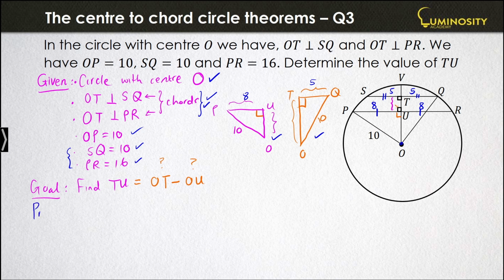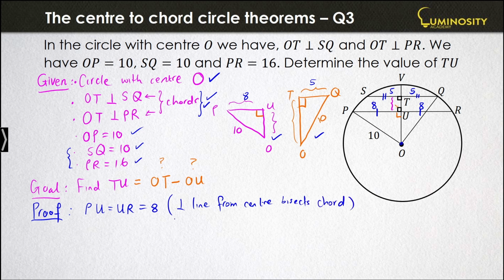So here is our proof. We'll start off by saying that the line PU equals UR equals 8, and the reasoning is that a perpendicular line from center bisects the chord, and PR was given as 16 units.